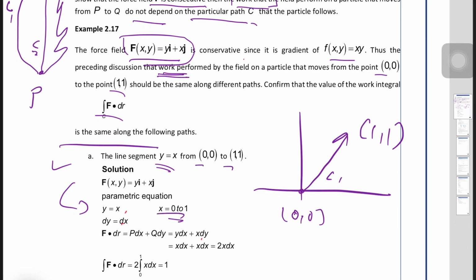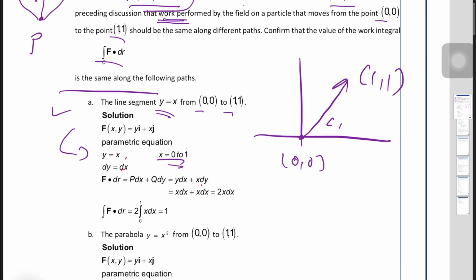Kita dapatlah yang ini. Next kita cari F dot dr, where F dot dr equal to P dx plus Q dy. Okay, so refer balik kepada note 2.2, iaitu dalam bahagian work done, ini bahagian yang terakhir. So P dx plus Q dy, so P adalah y pada vector field ni, dan x ni adalah Q. So dapatlah y dx plus x dy.